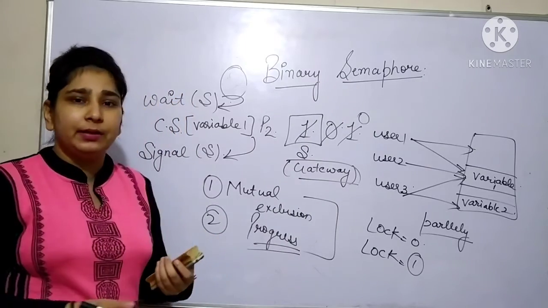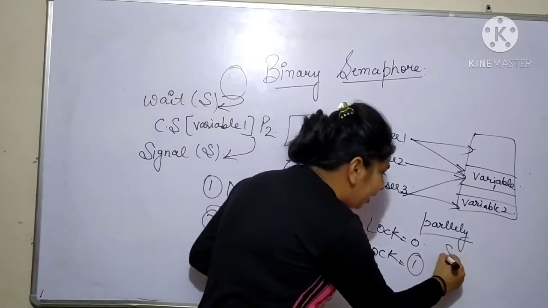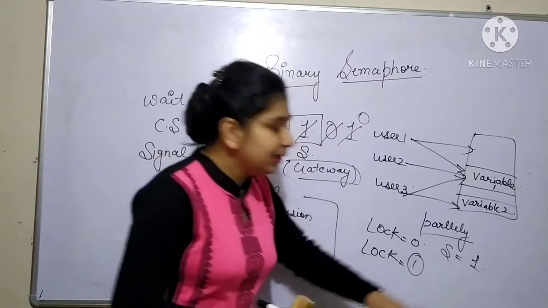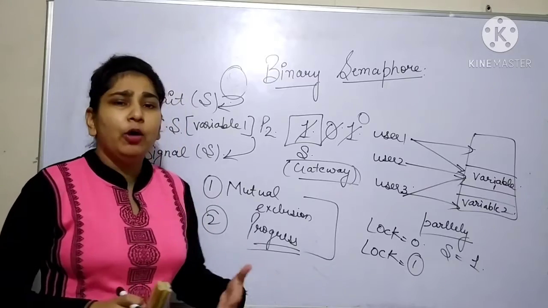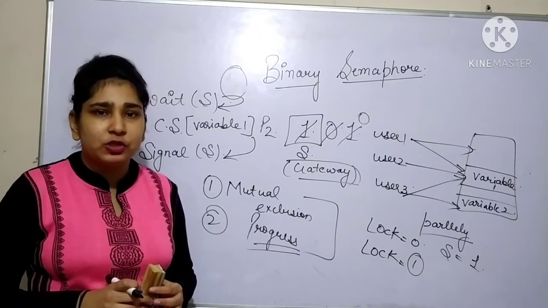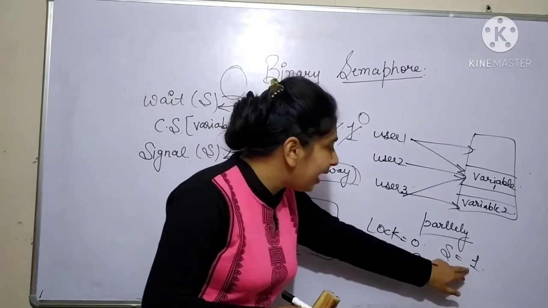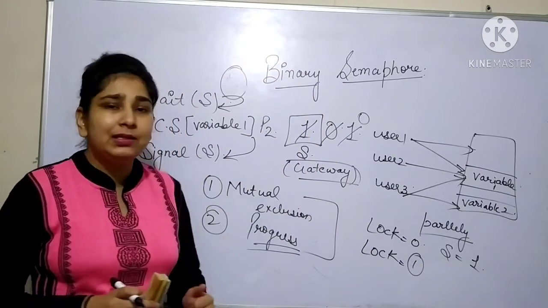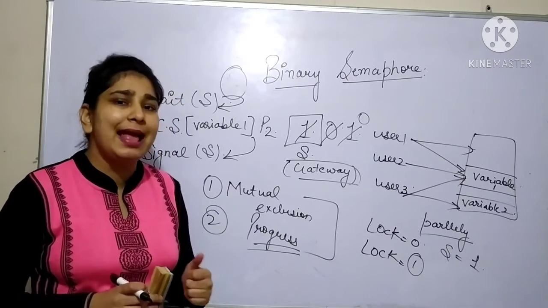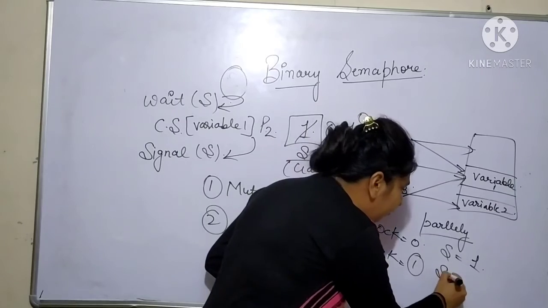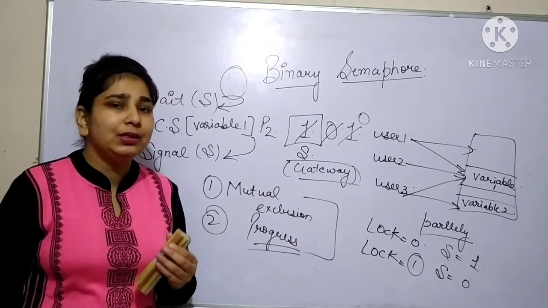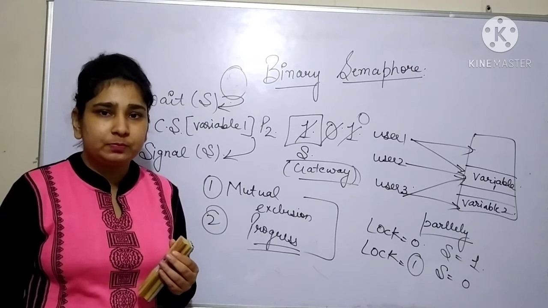It is opposite. Your semaphore variable value defines how many processes can enter into the critical section. Semaphore variable value 1 means only one process can enter into the critical section. And semaphore value 0 means no process can enter into the critical section.